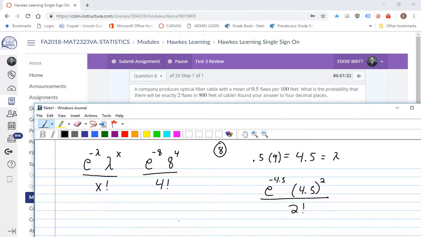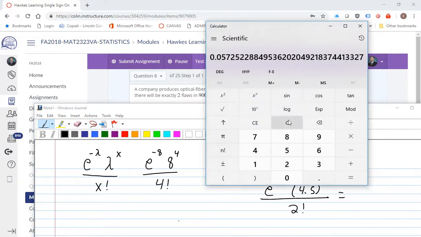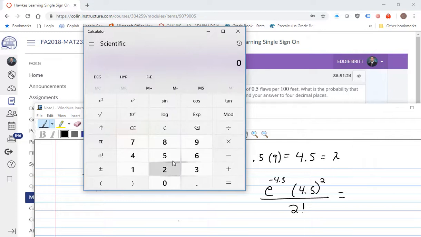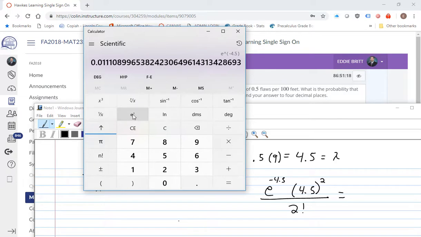Alright. So we need to punch all of that in the calculator. First you want to put in the negative 4.5, and then I'm going to say e to that power, times 4.5 squared.